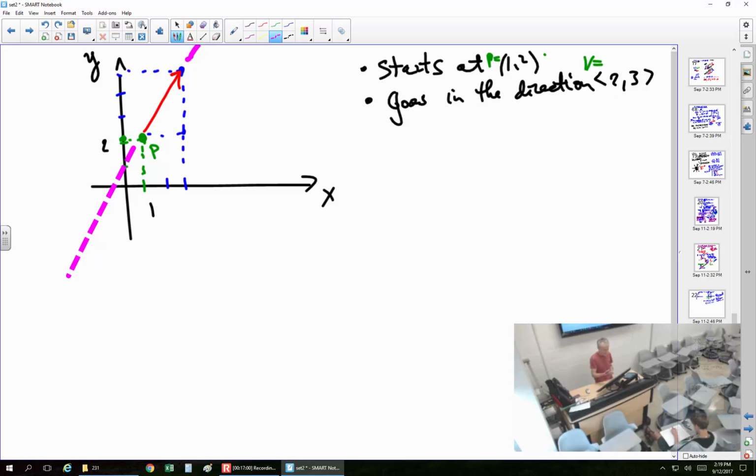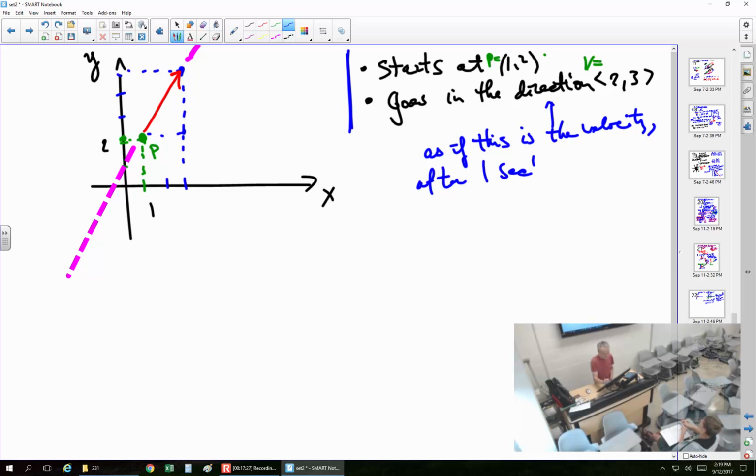Let's once again reinterpret this motion in a more specific way: moving in the direction of 2, 3. We could interpret it as if this is the velocity. After 1 second, say we measure time in seconds, where are we?